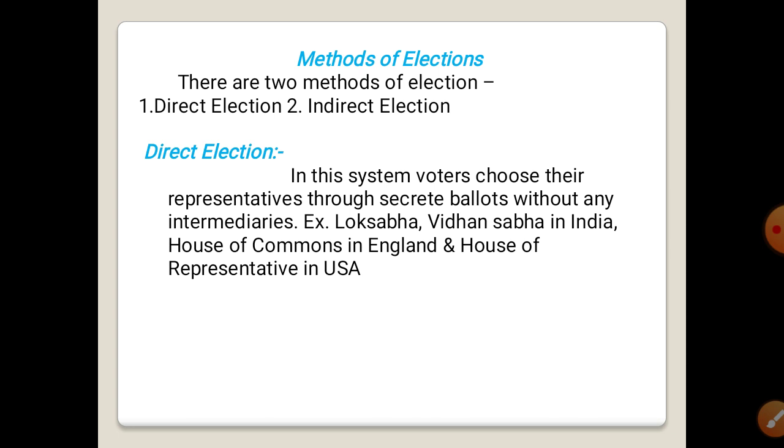Examples of direct election are the Lok Sabha election and Vidhan Sabha election in India, whereas the House of Commons in England and the House of Representatives in the USA. All these representatives are elected directly by the voters on adult franchise. So this is called direct election.